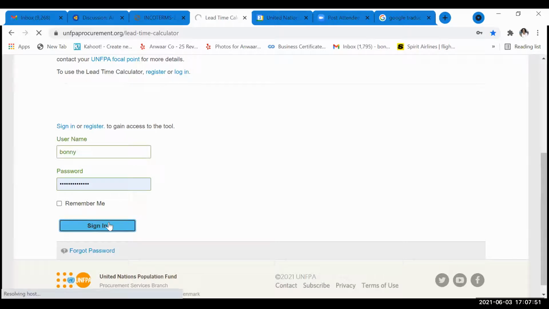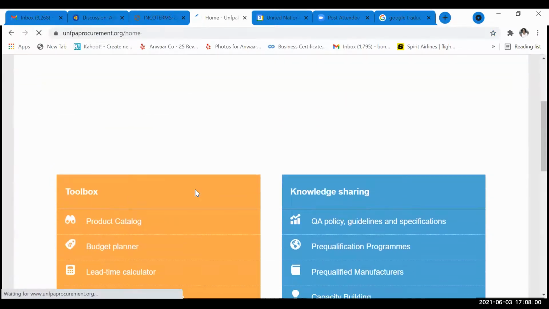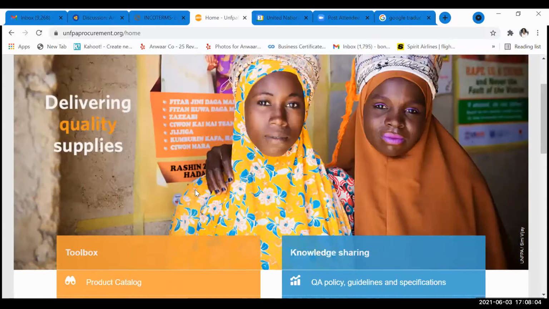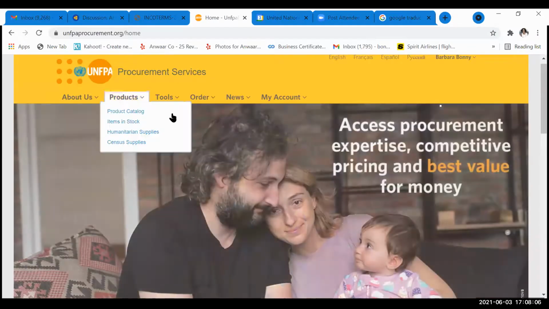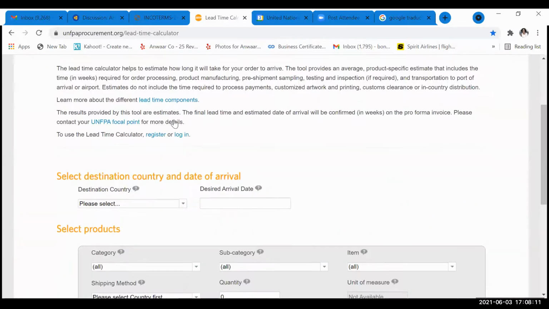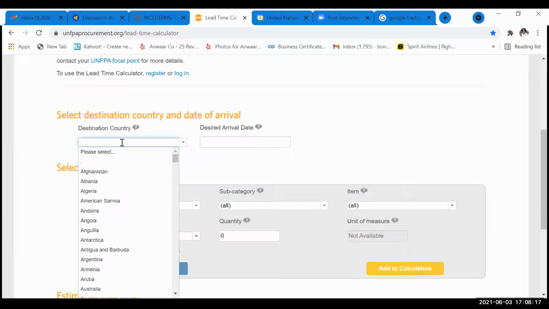I'm going to log in and try a simple exercise, because the lead time for us starts when the PO is issued and we send it to the suppliers. So at that time the lead time is started.